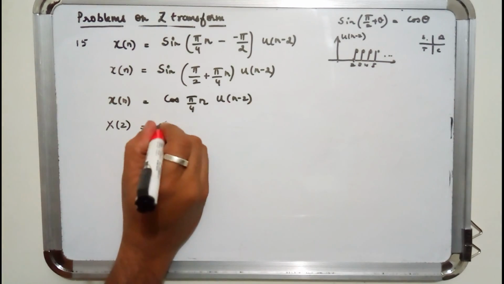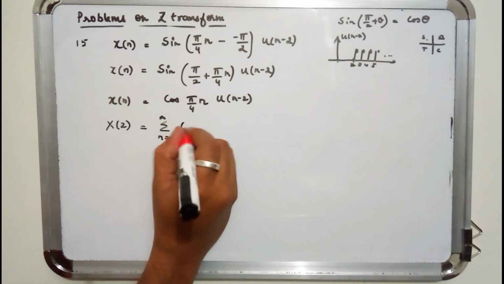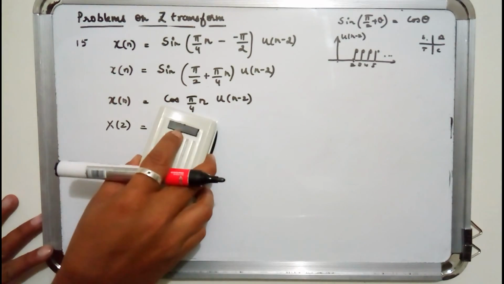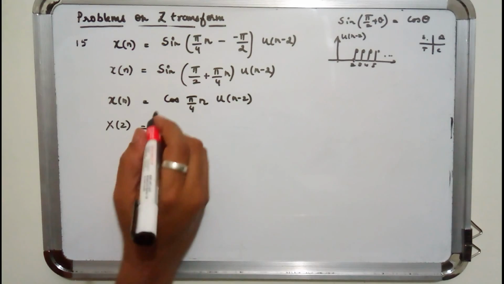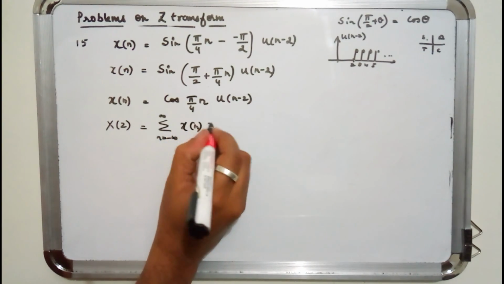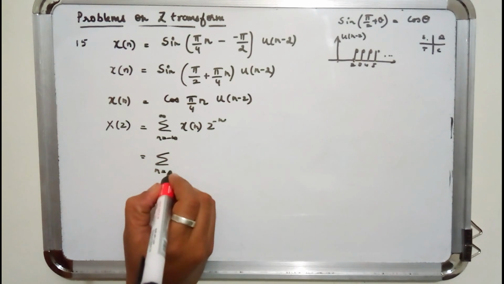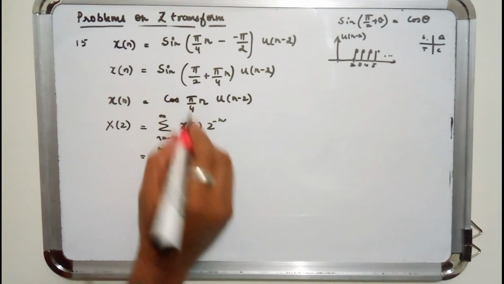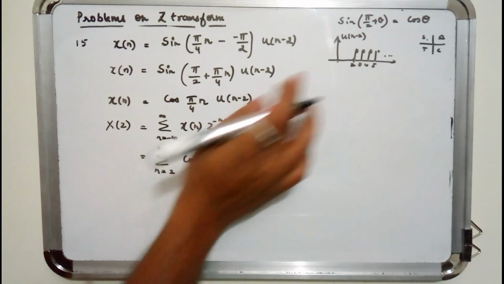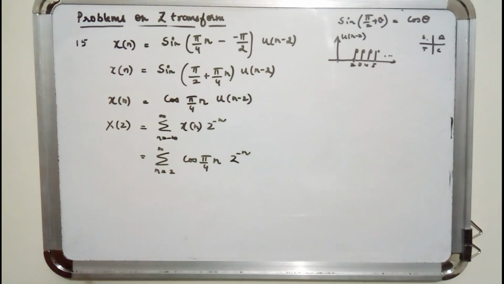Let me write the generalized equation first: summation n equal to minus infinity to infinity x(n) z power minus n. So the summation would change from 2 to infinity. What is x(n) in that range? It is cos(pi/4 n). What is u(n minus 2)? Amplitude is 1. So it is z power minus n.